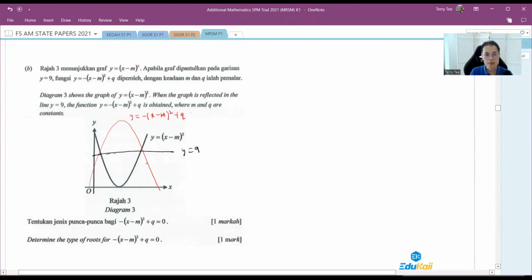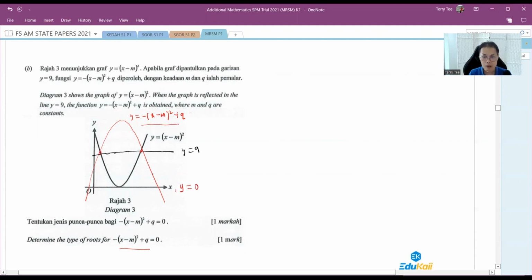Okay, so the question is, what is the type of root for this equation? Actually, it's not difficult at all. As you can see, when you reflect up and extend all the way down, the equation for this equals 0. Look at this equation here. At the x-axis, your y is 0, right?